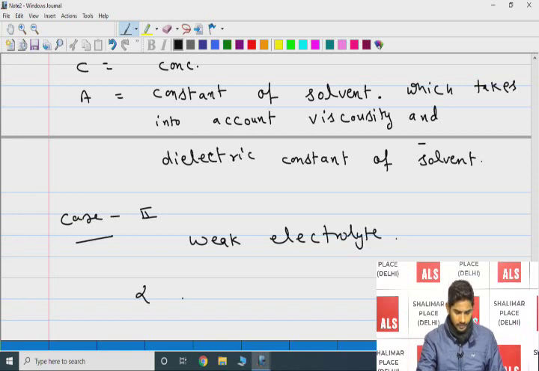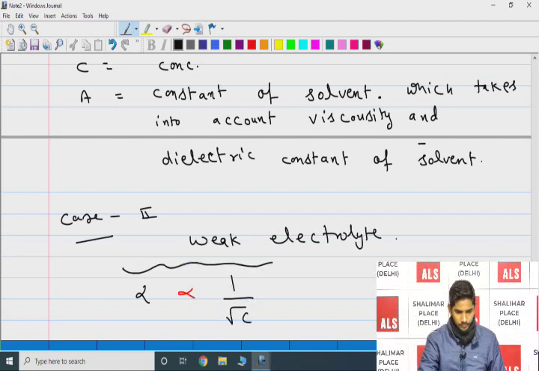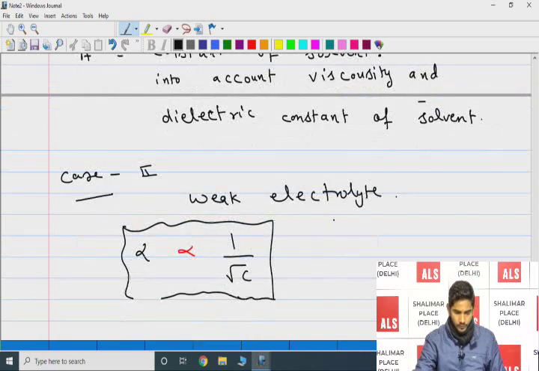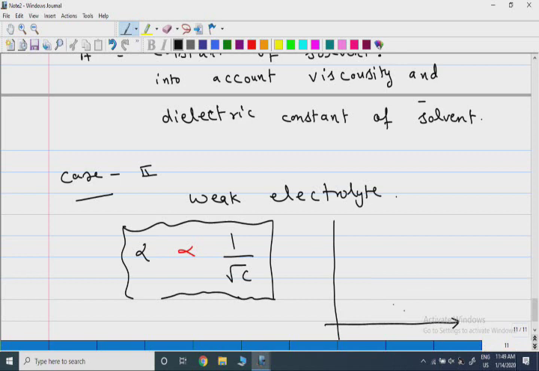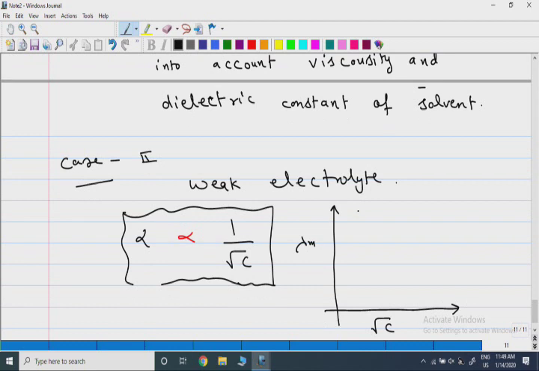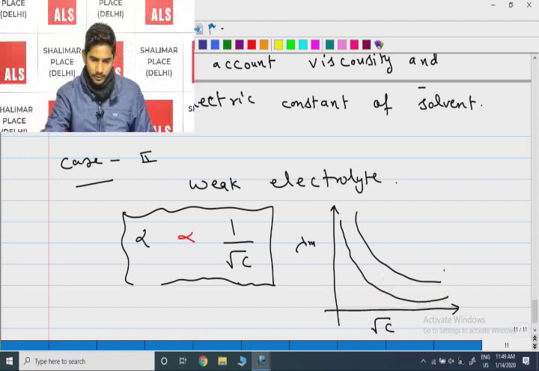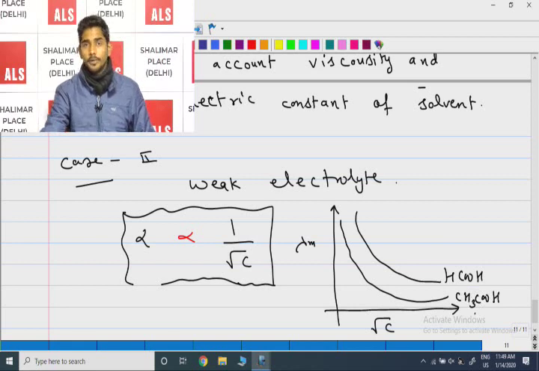Here alpha is inversely proportional to 1 by root C. And if we look at the graph, that is like lambda upon root C. These are the graphs for the weak electrolytes. Copy.